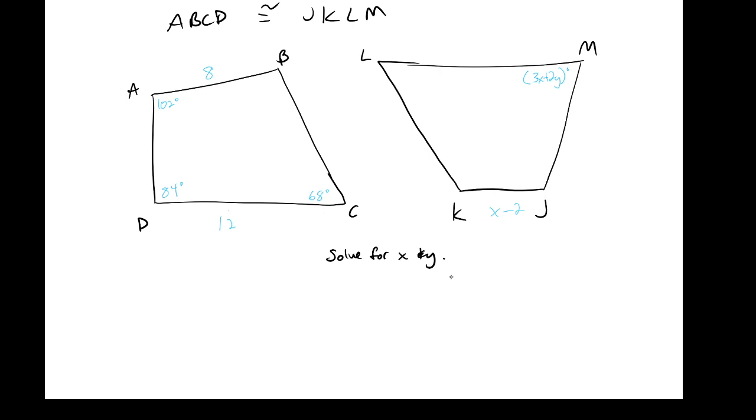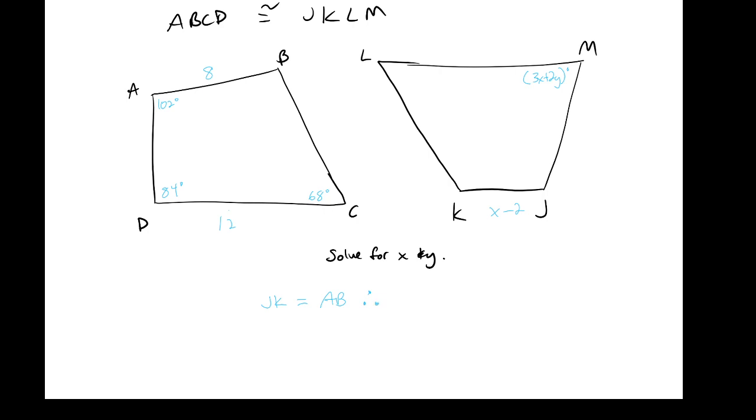So looking down here, ooh, I have JK, right? Right down here. Well, side JK, that's the first and second. Well, the first and second listed in the other quadrilateral is AB. So AB and JK are, of course, equal.